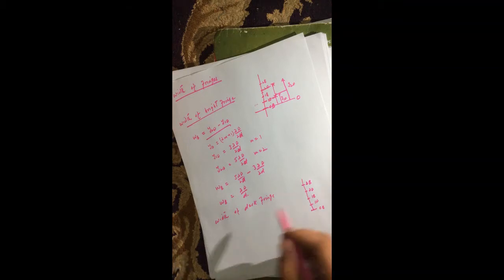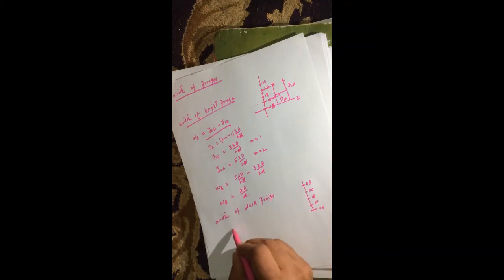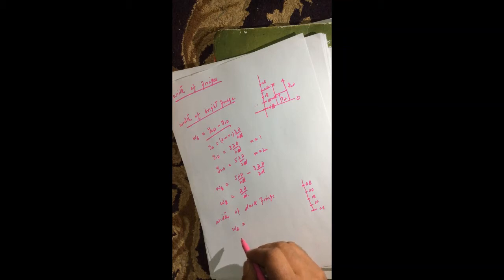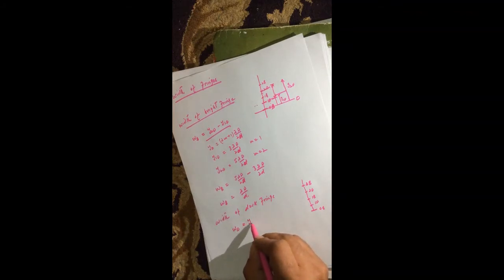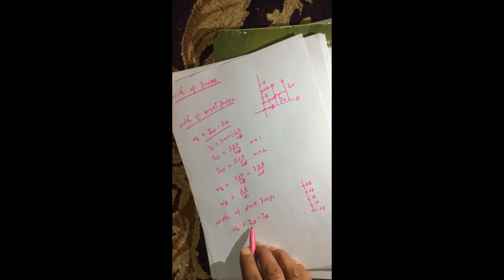So the width of dark spot, this one, WD, will be equal to the distance between two consecutive bright spots. So here I will consider this to be y2b minus y1b. This is the position of second bright spot minus position of first bright spot.